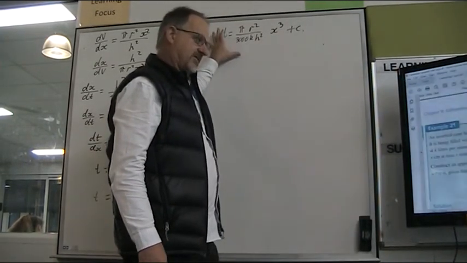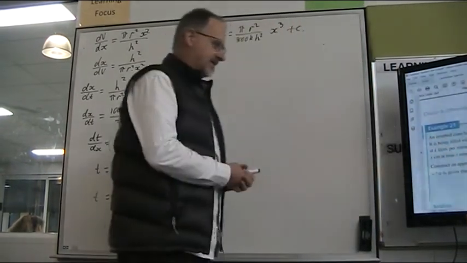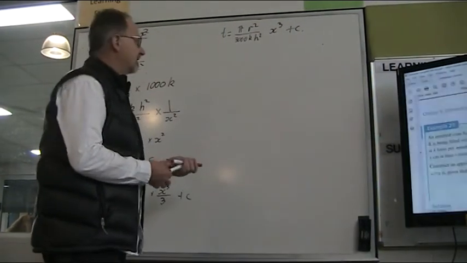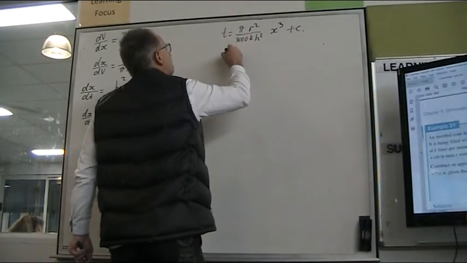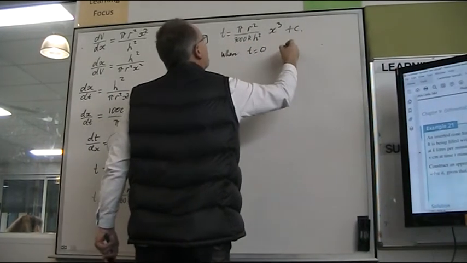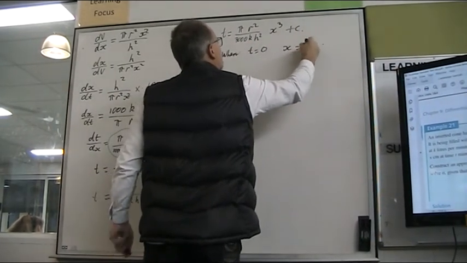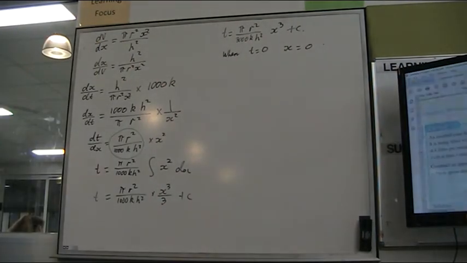So we're part of the way of solving it. Given that initially the cone was empty, so initially the cone is empty. So when t equals 0, x would be 0, because remember x is the depth of the water, so if it's empty it's 0 depth.